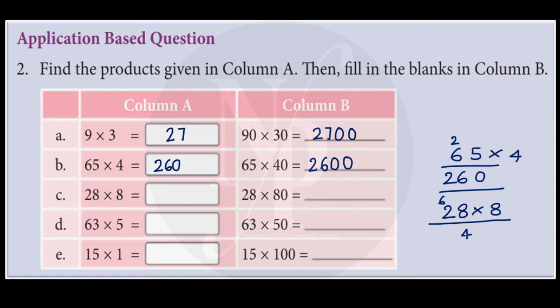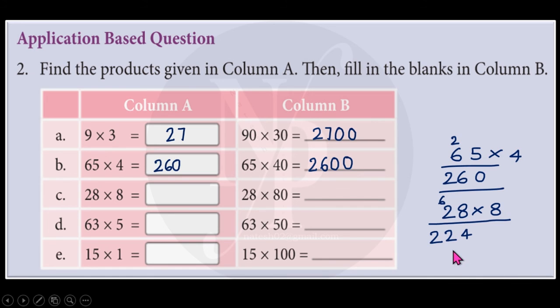So we write 4 in ones place and 6 tens are carried forward to the tens place. Now we multiply the digit at tens place by 8. So 8 2s are 16. 16 plus 6 is 22. We write 22 here.